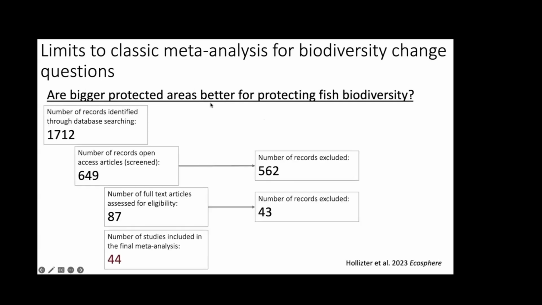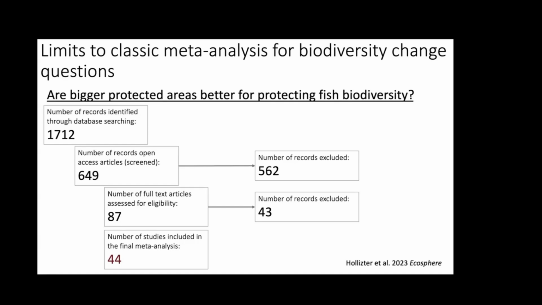The way she went about doing this is through a classic literature search. She went to Web of Science and put in some keywords that I haven't detailed here, and initially identified over 1,712 studies that eventually she had to screen down.